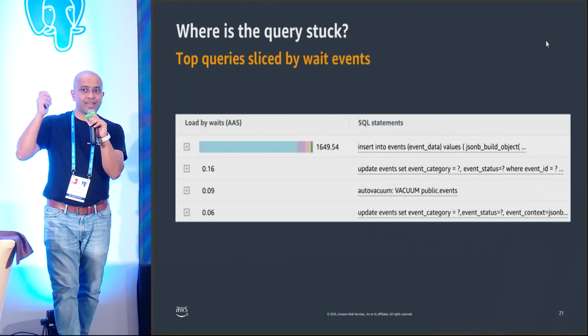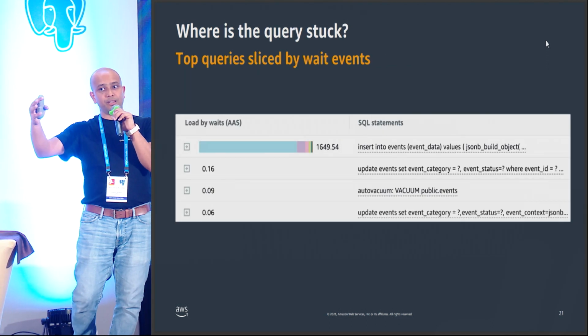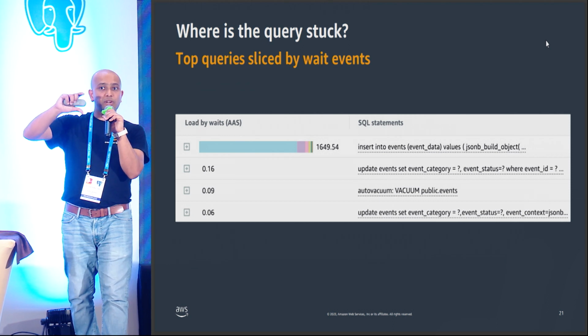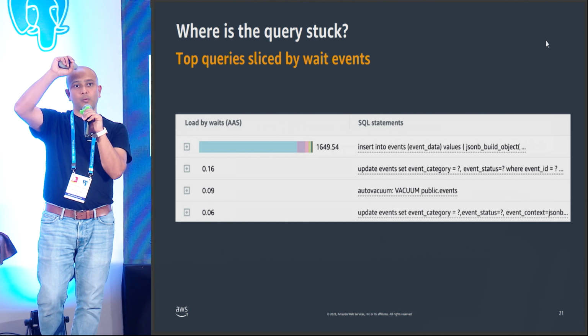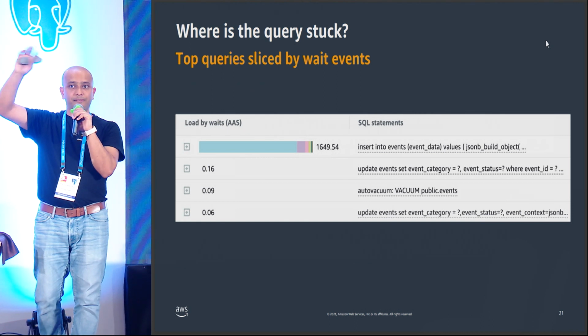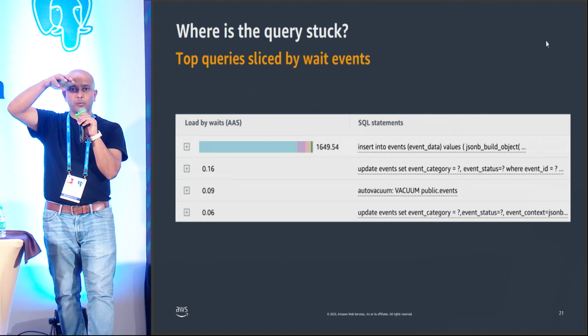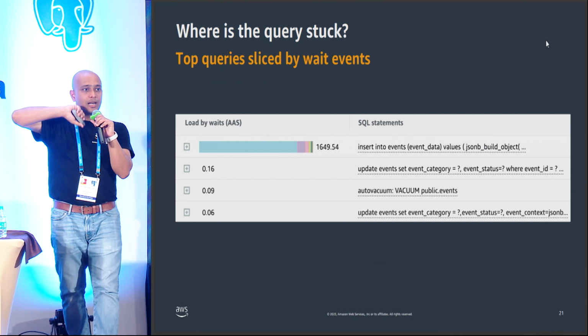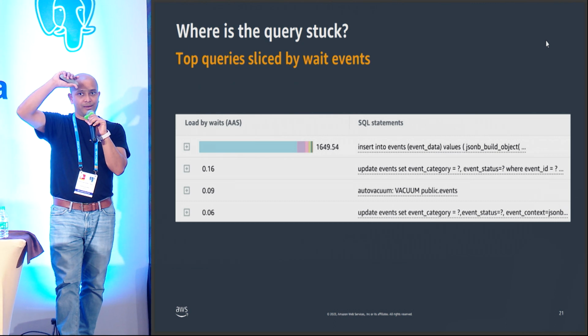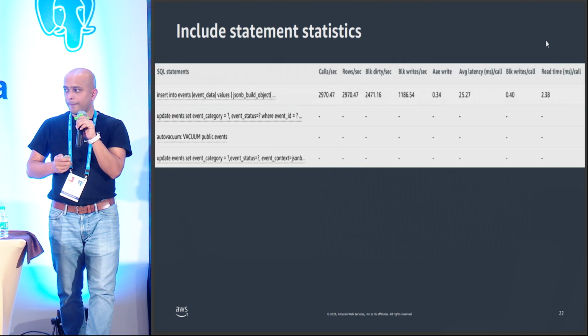And because you have captured queries and the wait events, both of them, you can also create a pivot view where you can see which particular wait events are mostly affecting, or which queries are in which wait events most of the time. So you get that pivot view as well if you combine that data with a different perspective.